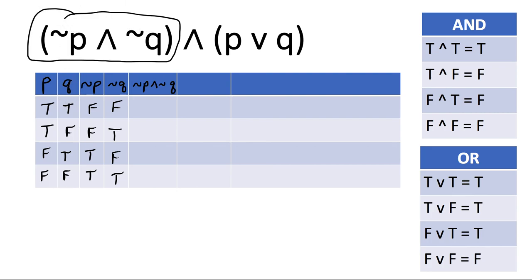Now we'll copy. So for the beginning, I'm going to have the negation of P, which means that I'm going to copy these values underneath that. So I'm going to do FF, TT. I'm going to put my symbol, which is the AND symbol.